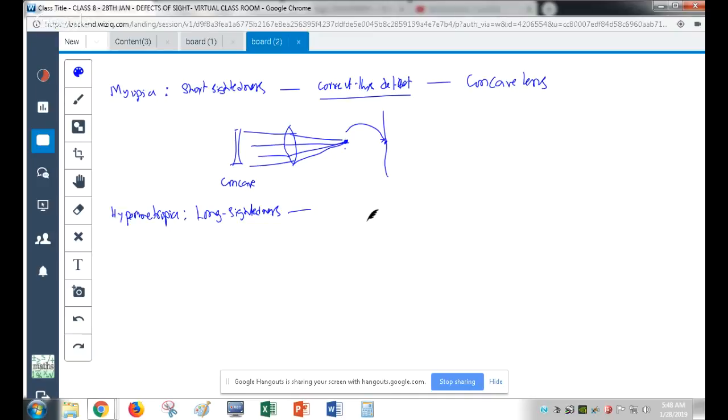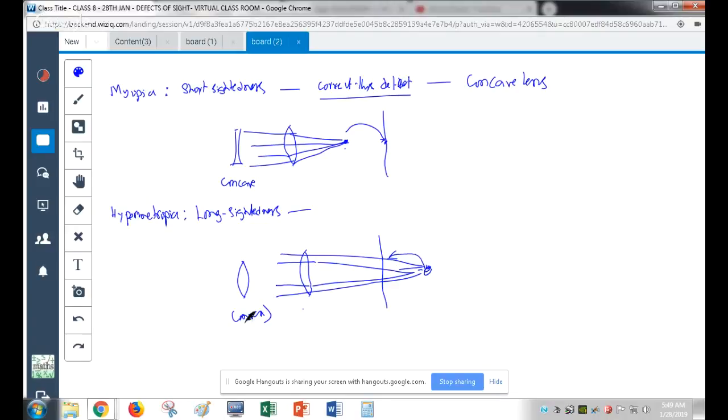Okay. In the same way, this is the retina and the focus is here. So this focus is to be brought on the retina. Because the lens became thin, here they will use a convex lens.